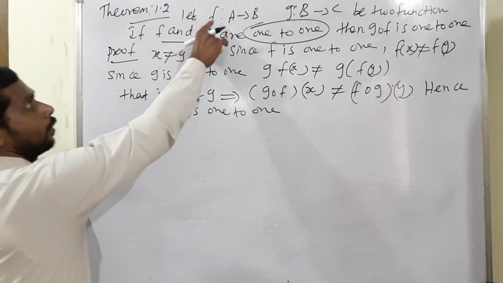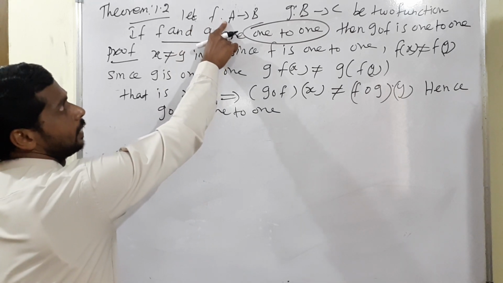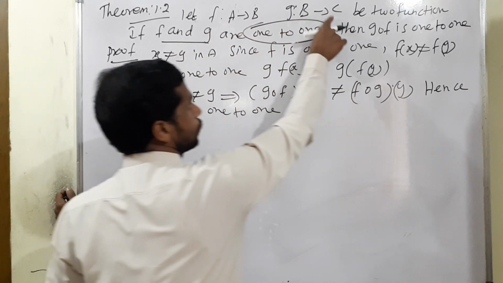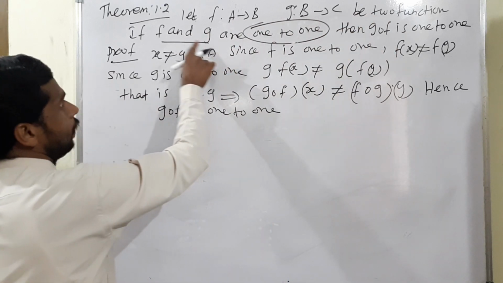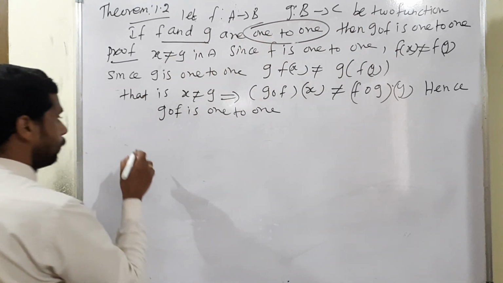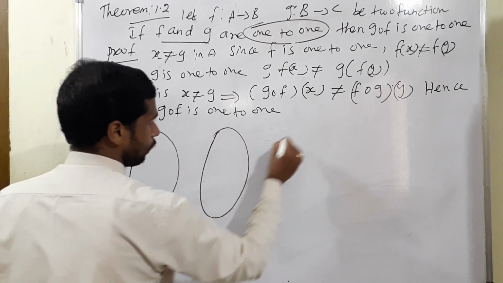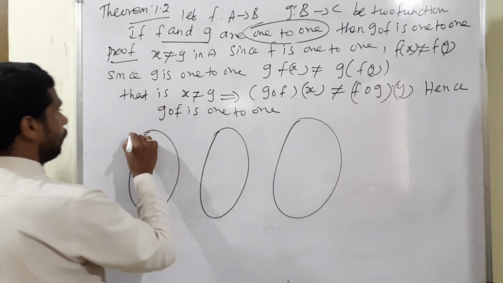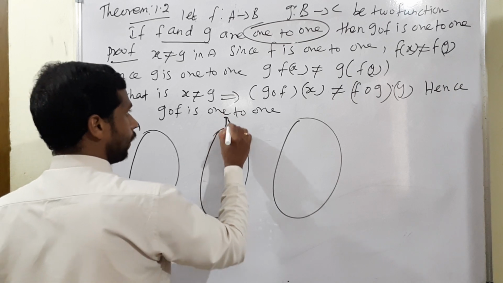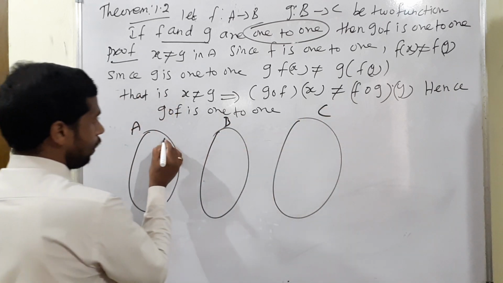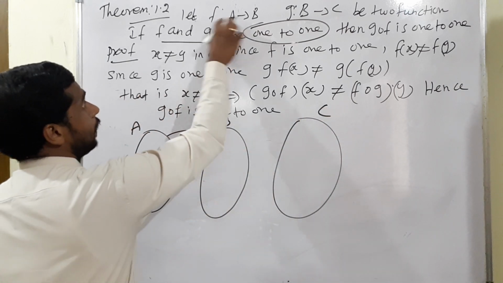I am moving to the proof of the theorem. What is the value there? A tends to B and B tends to C are also two functions. Both functions are also 1 to 1. What is the meaning of 1 to 1? The arrow diagram. This is A, and there is an arrow diagram B. This is C. This A to B function is f, isn't it?